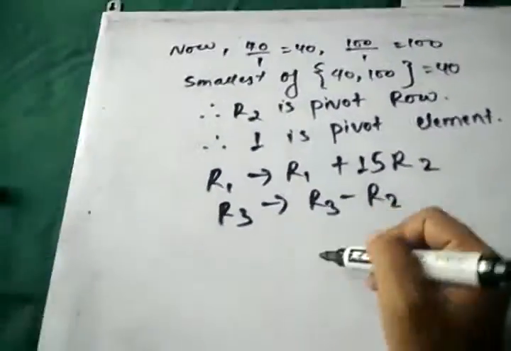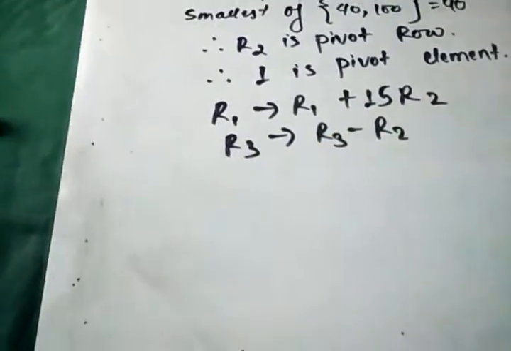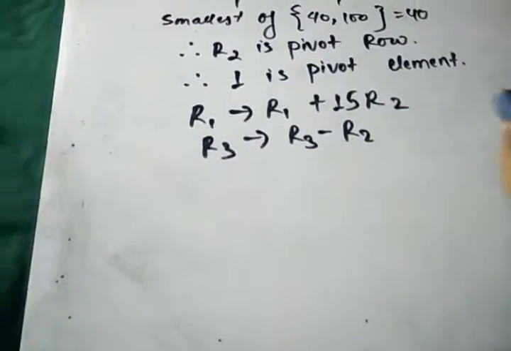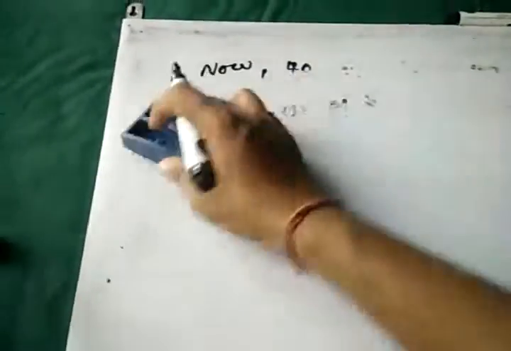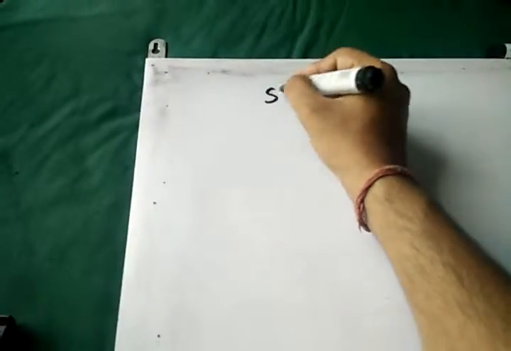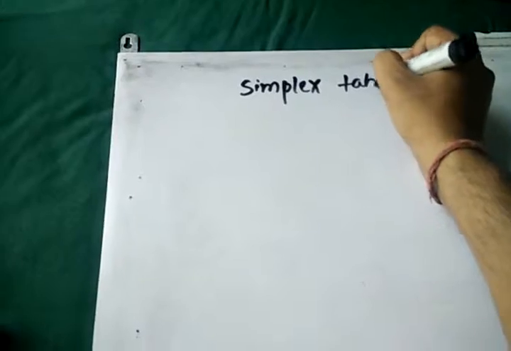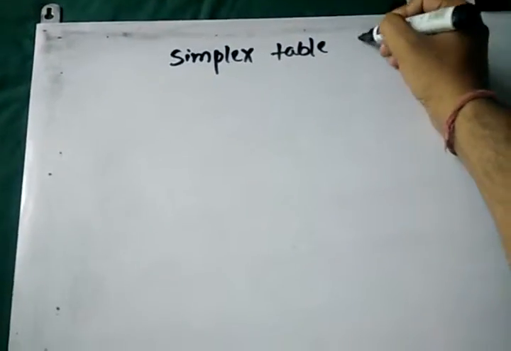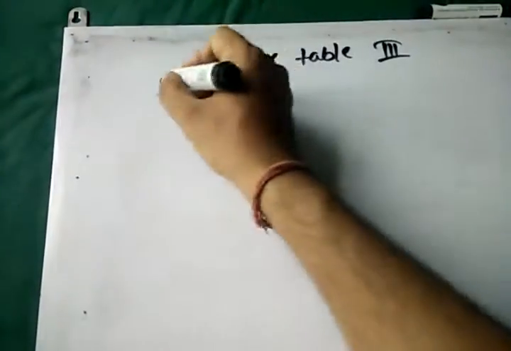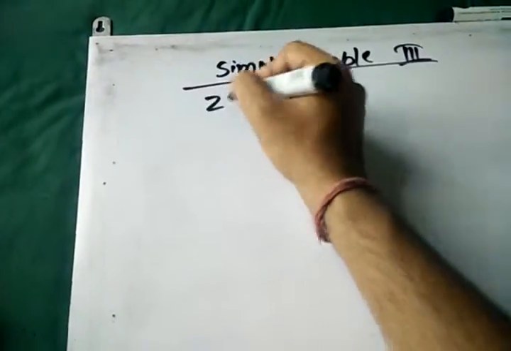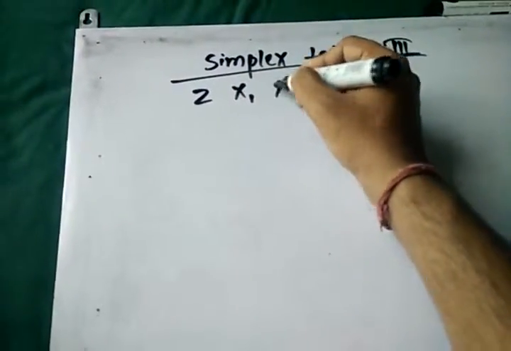Now the third simplex table is z, x1, x2.